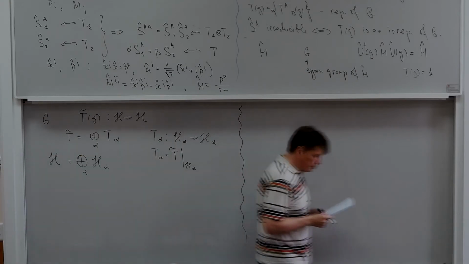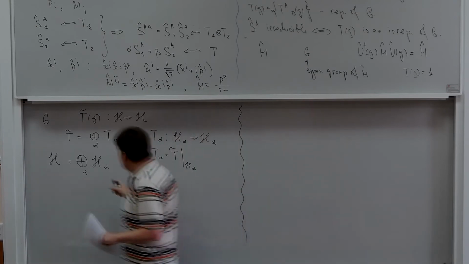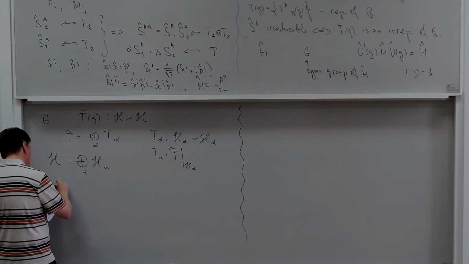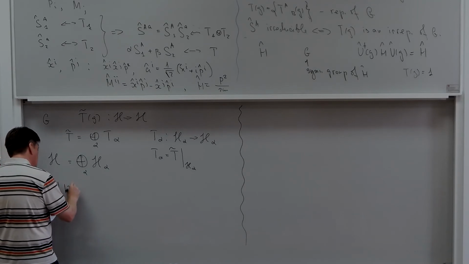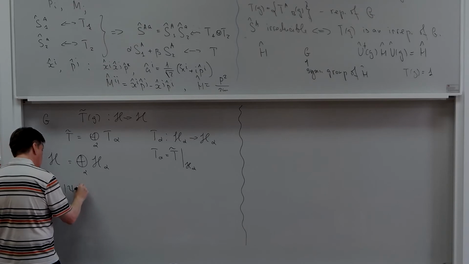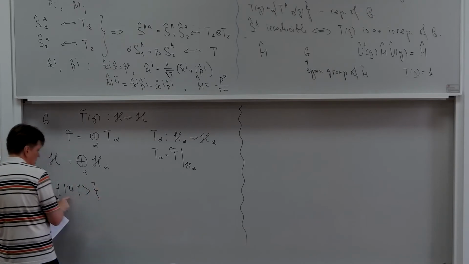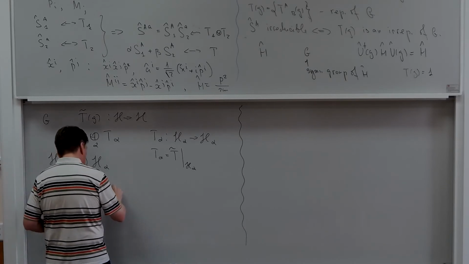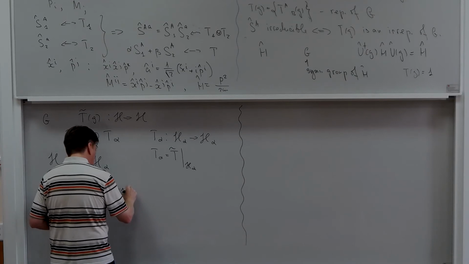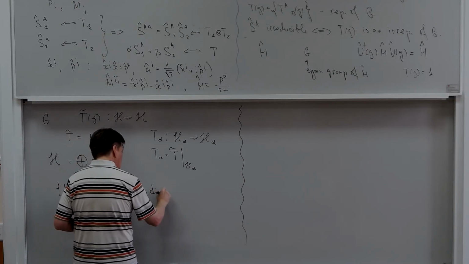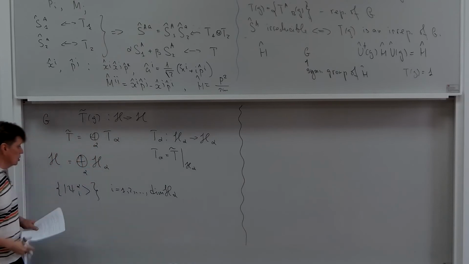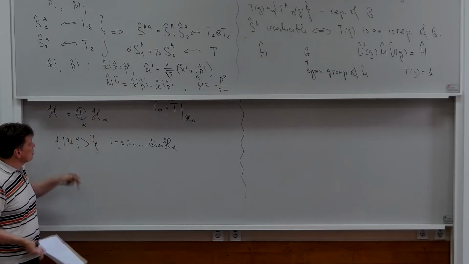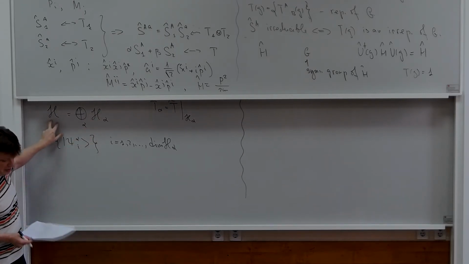Then in each invariant subspace H alpha, I can choose some basis of states psi alpha i, where i runs from 1 to the dimension of the subspace H alpha. Taking the union of all these bases, we get a basis in the space H.